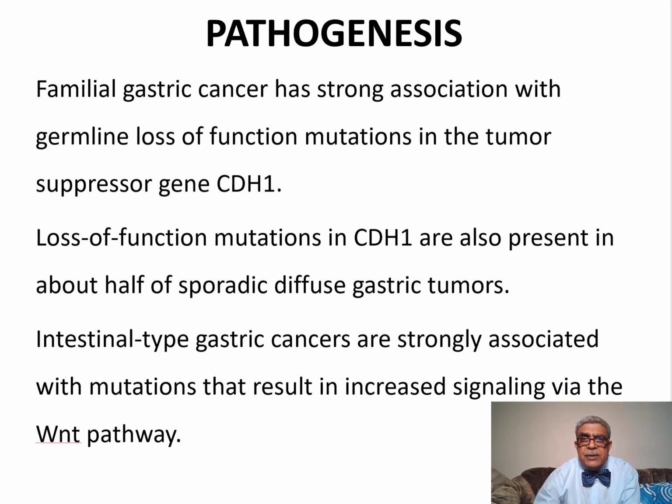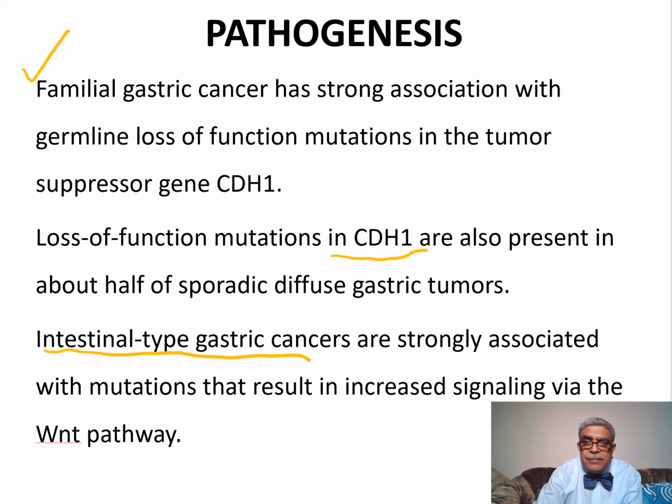Now, regarding the pathogenesis, familial gastric cancer. Familial gastric cancer has strong association with germline loss of function mutations in the tumor suppressive gene, that is CDH1. Loss of function mutation in CDH1 are also present in about half of sporadic diffuse gastric tumors. Now, intestinal type gastric cancers, there are two differences. One is associated with loss of CDH1 function.